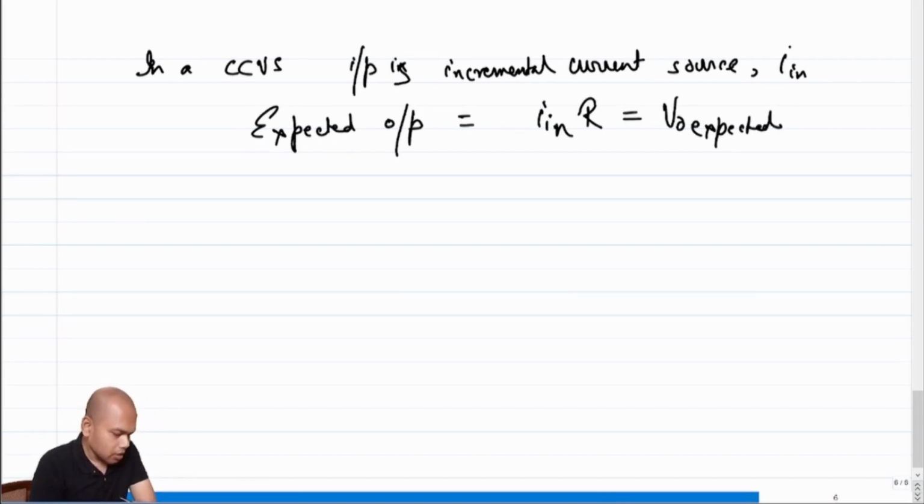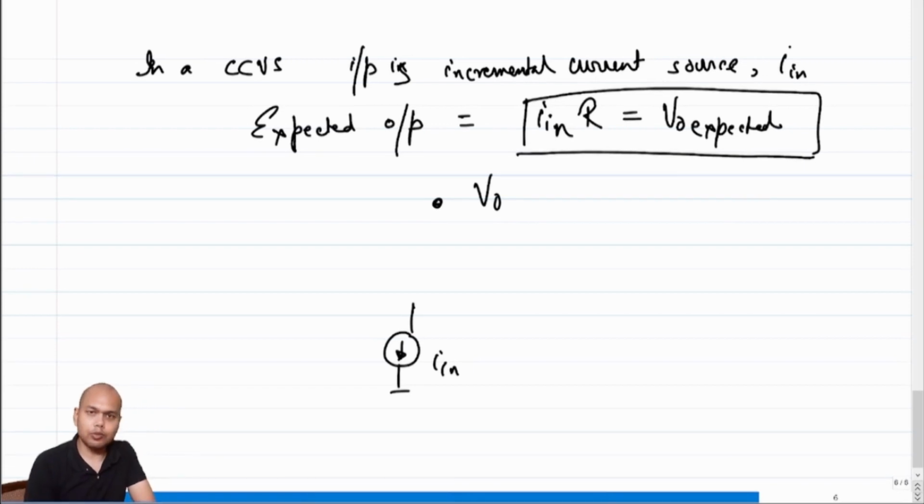Okay, so how should we arrange this? Let's say we have a voltage source, and we have an output V0. We want to ensure that this V0 effectively becomes equal to I in times R, and you have a current source I in. So this is the expected output.